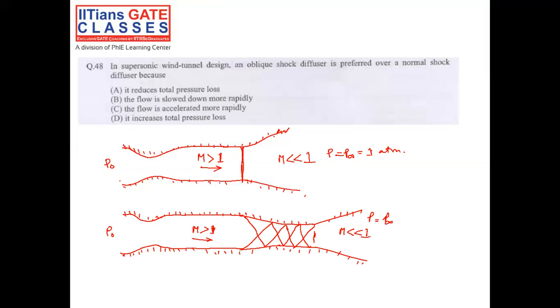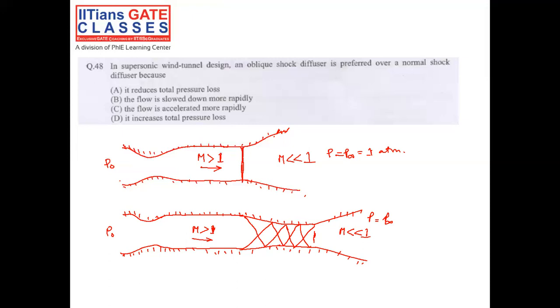Now, at the test section of the wind tunnel, the flow is supersonic, and at the exit it has to be discharged to the atmosphere at a very low Mach number. So this deceleration of the flow has to take place in a way that the pressure loss in the flow is minimum.